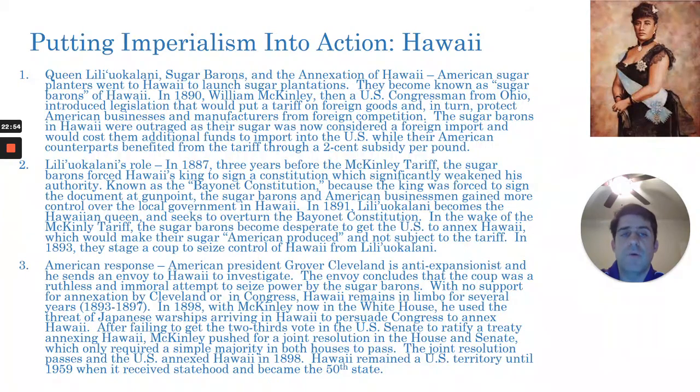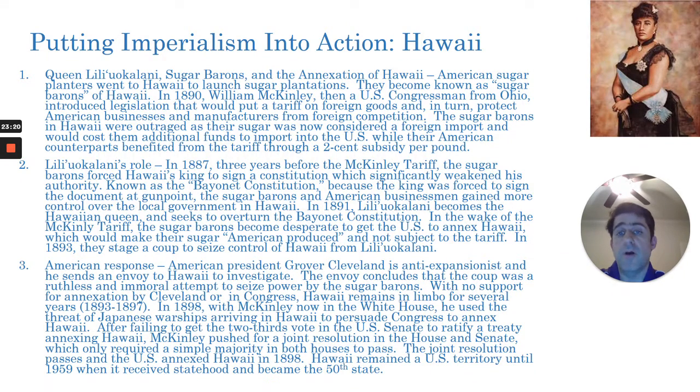They became known locally as the sugar barons of Hawaii. But in 1890, William McKinley, who at this point was a U.S. congressman from Ohio, introduced legislation that would put a tariff on foreign goods and in turn protect American businesses and manufacturers from foreign competition.